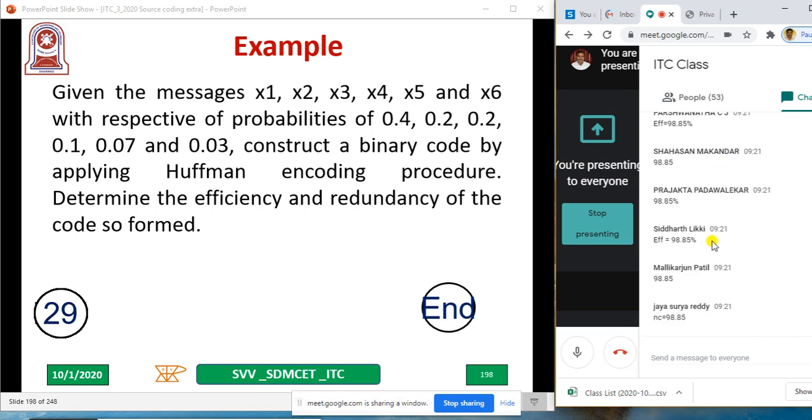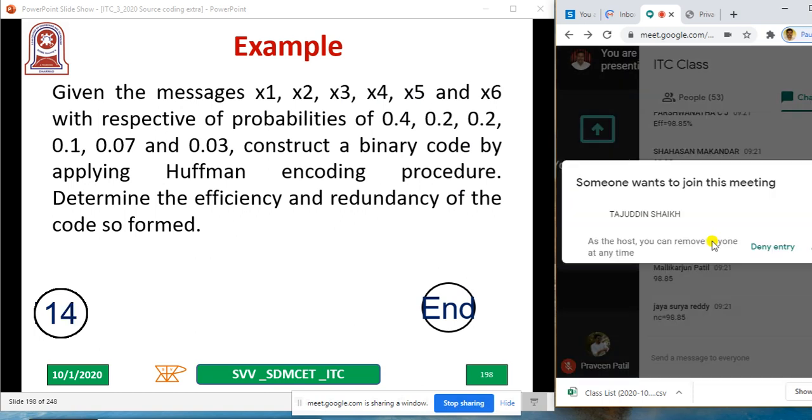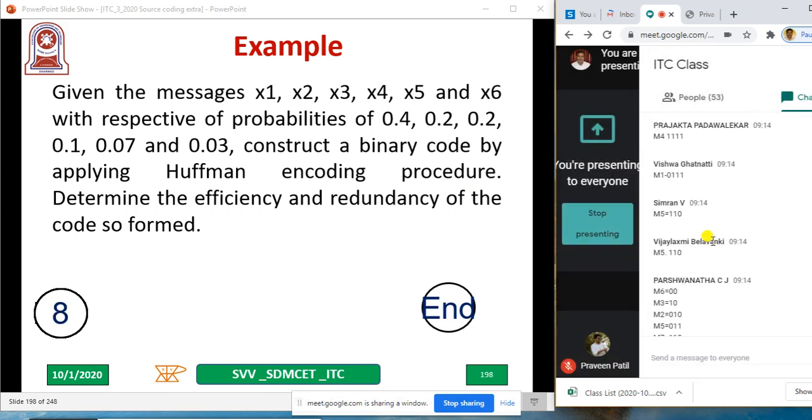Determine the efficiency and redundancy of the code so formed. Follow the same procedure. Simply arrange them in the order.